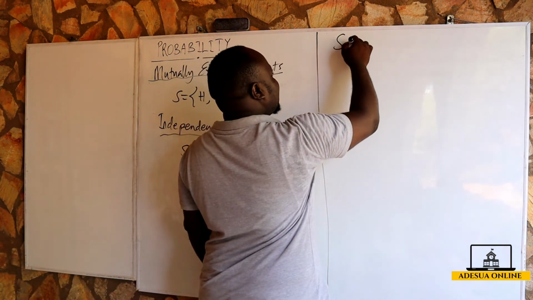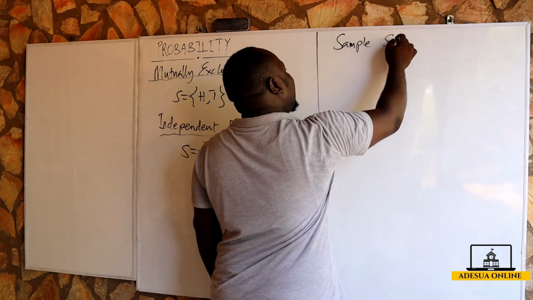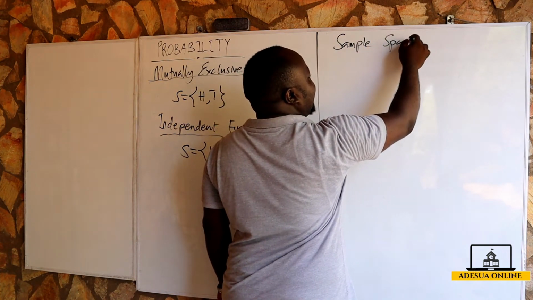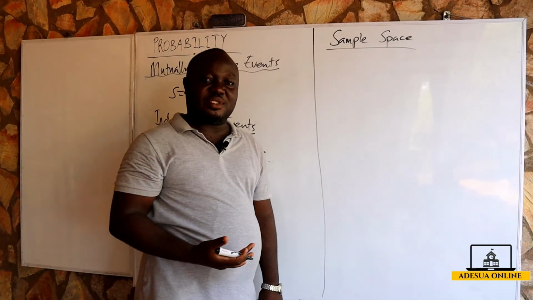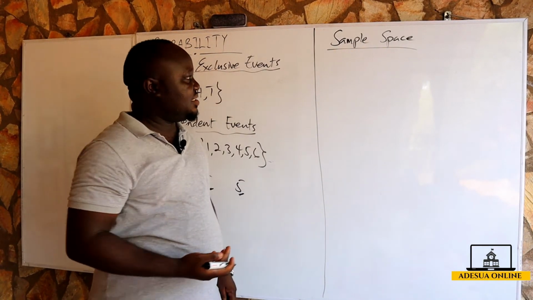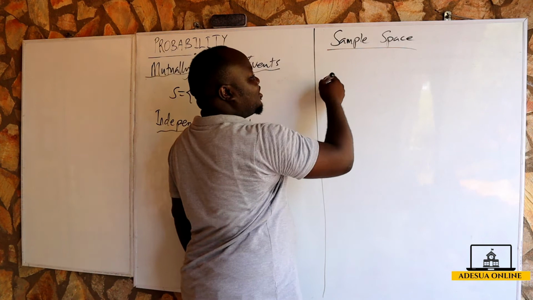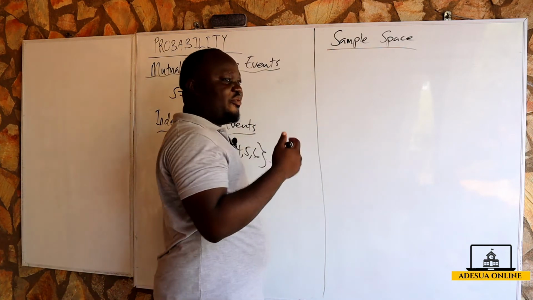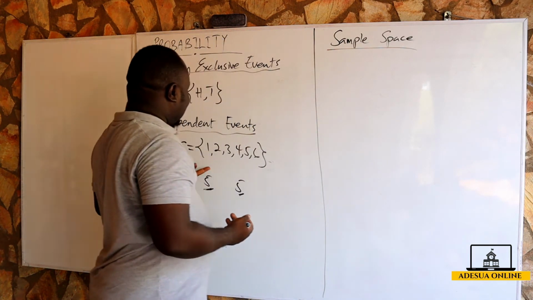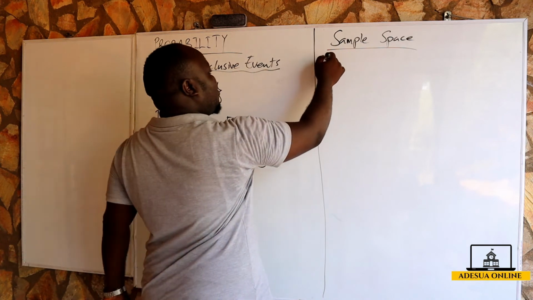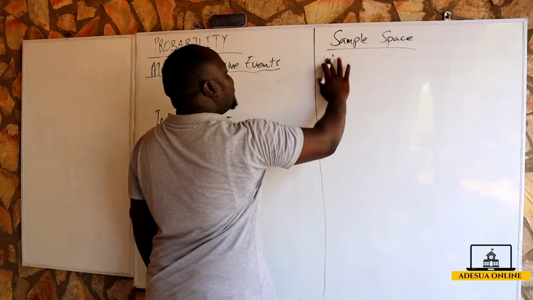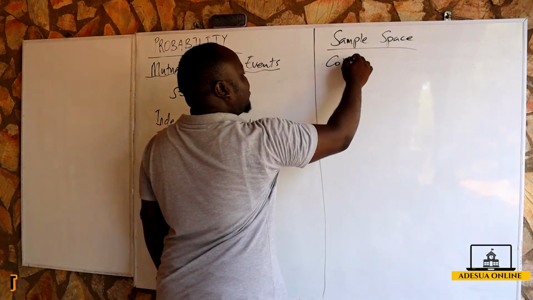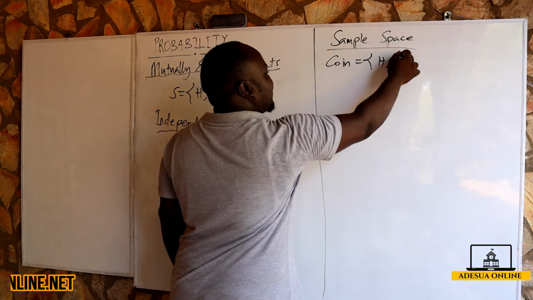Now, let's talk about the sample space of an event. The sample space is the set of all possible outcomes of a given experiment. Just as we did for the coin, when we have one coin, we have the head or the tail.